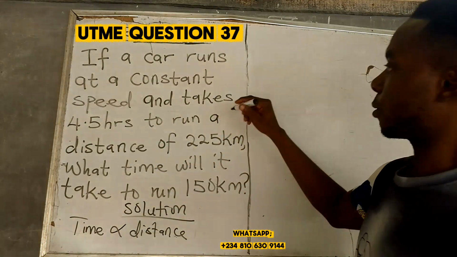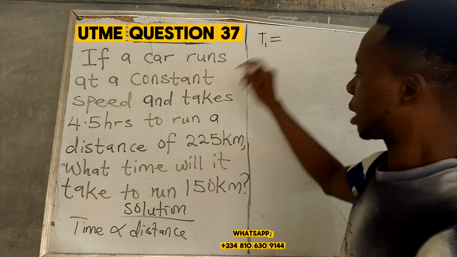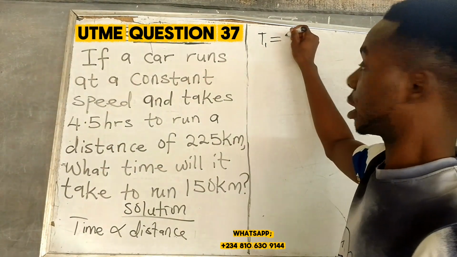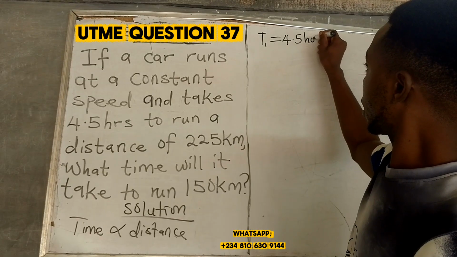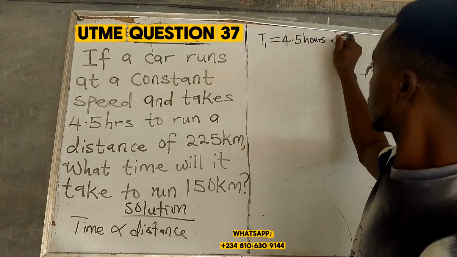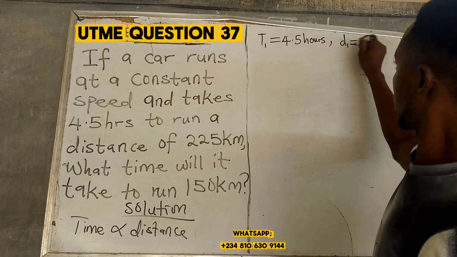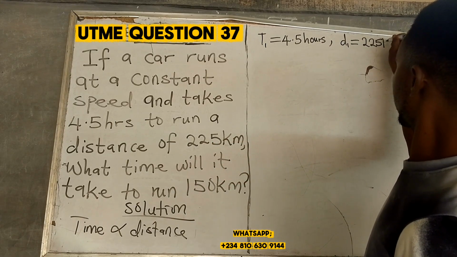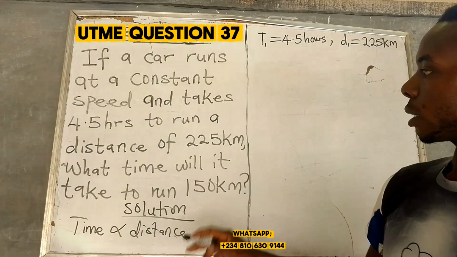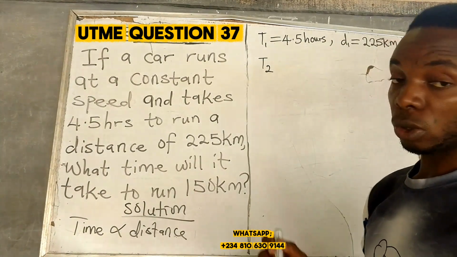That means for time one, it took 4.5 hours to accomplish what distance? D1, which is 225 kilometers.